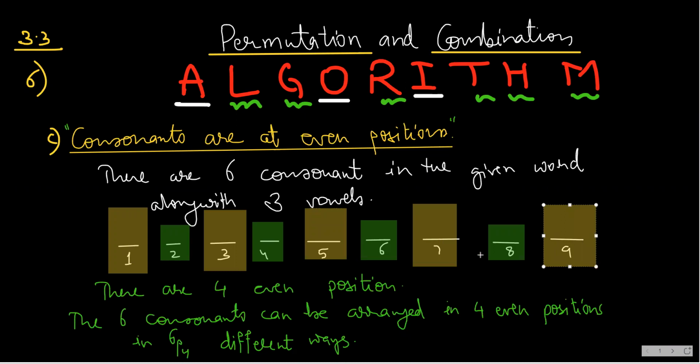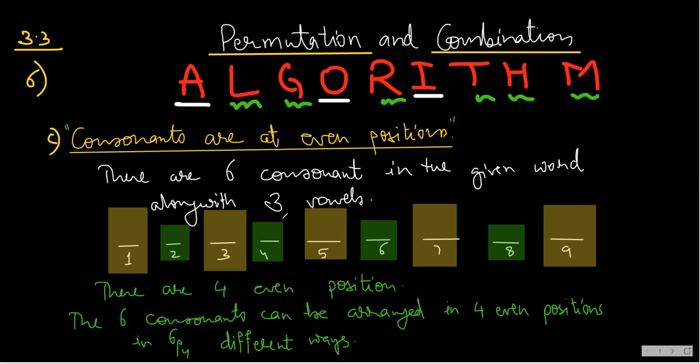So what you will say is, now these five odd places are there where we need to arrange 5 letters. Which 5 letters? Try to get this here.